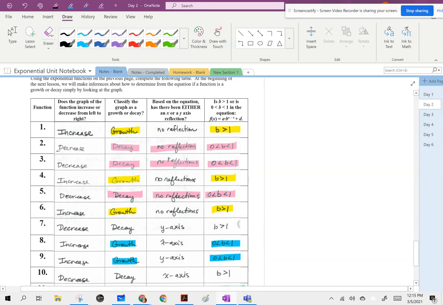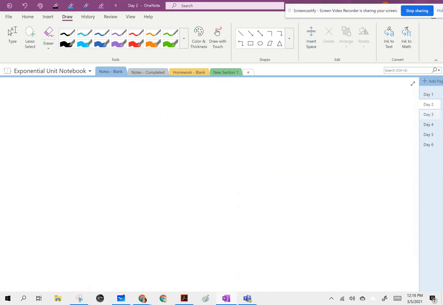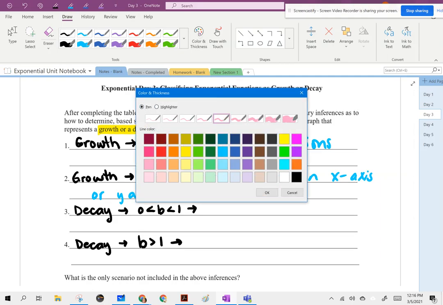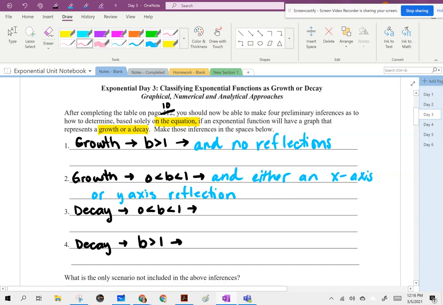All right, so if the b value is between 0 and 1 and it's decay, that means it's going to be decay as long as there's no reflection. So what we're going to do is come over here and say that the graph is going to be decay if the b value is between 0 and 1 and no reflections.